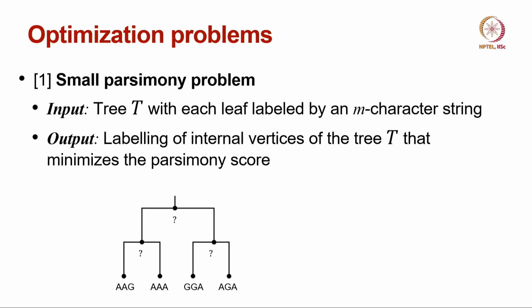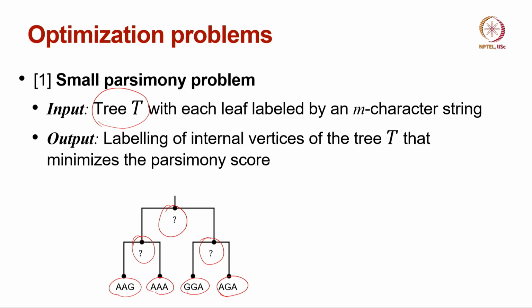Now we can put together our optimization problems. The first one is called the small parsimony problem, in which we are already given a tree shape, that is, we are given the tree T and each leaf is labeled by an m character string. These are the present day species for which we have observed data, and the output that we seek is the labeling of internal nodes, that is, what are the characters corresponding to the ancestral species.